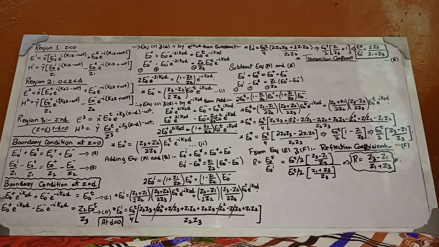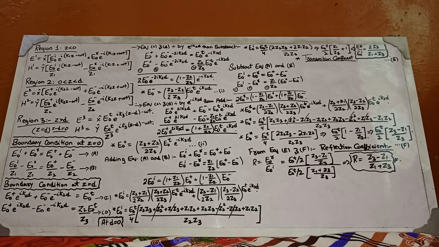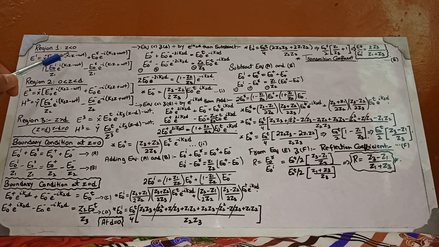So at z equals d, you will be left with E0+ e^(iota k2 d) plus E0- e^(minus iota k2 d), with e^(iωt) common.